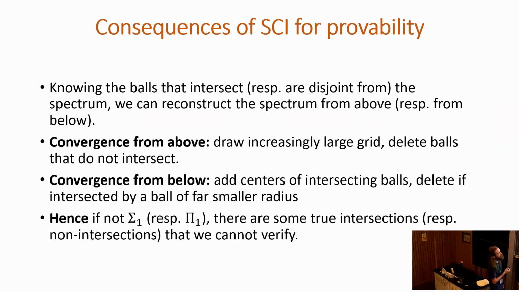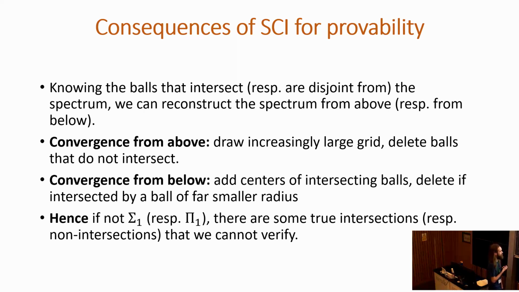The idea from above is simple. We just draw a very large grid. We delete balls that are disjoint. And convergence from below is basically the same idea. You add in intersecting balls, but then you have to have a procedure which eliminates balls that are not very good approximations. Basically, if the ball has far smaller radius and it intersects another one, we just delete the large one.